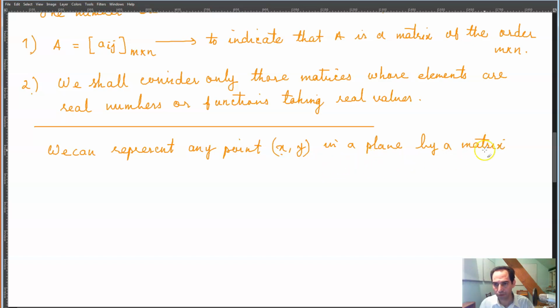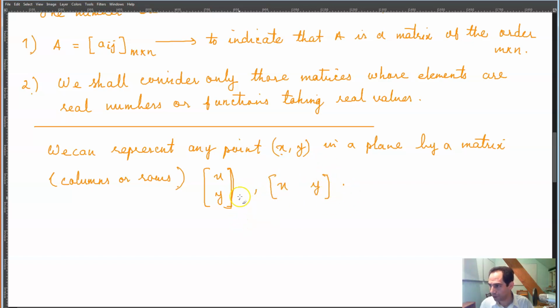This can of course be columns or rows depending on the situation. You can use a row matrix or a column matrix, meaning that you can write this as x comma y this way, or you can write it this way, right?